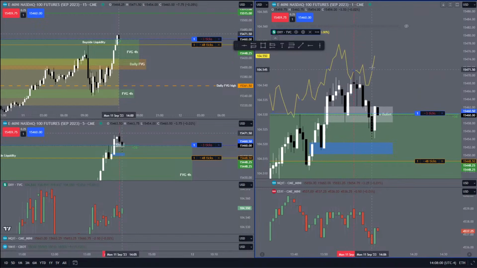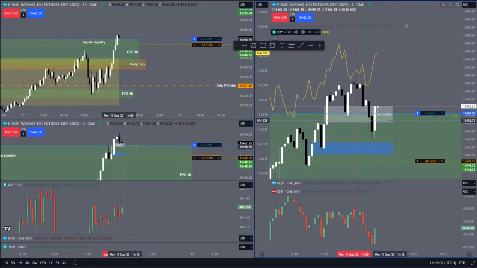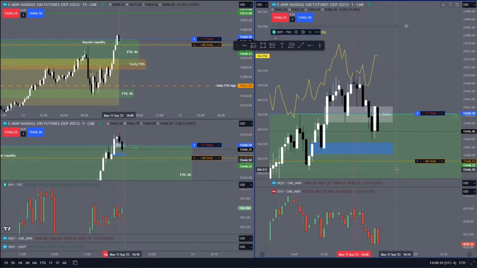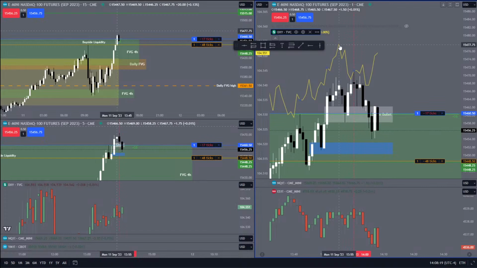Still got a rising dollar. Let's see how we come up above this. Yeah, as expected. If the dollar takes this high, then I don't want to be in the trade.